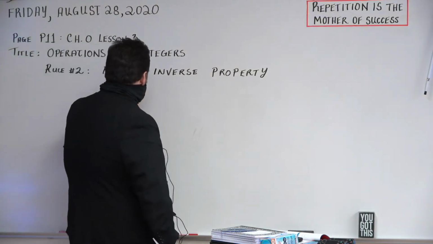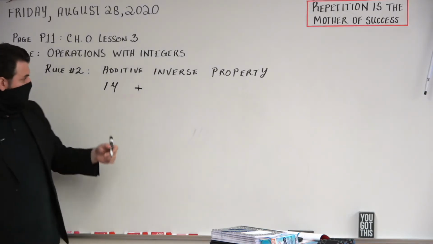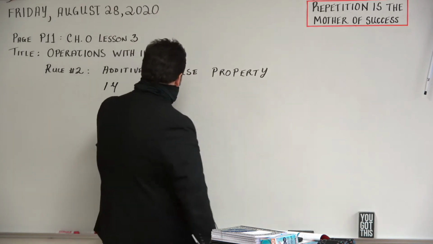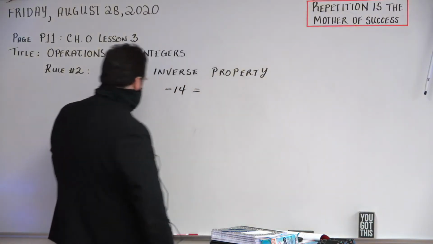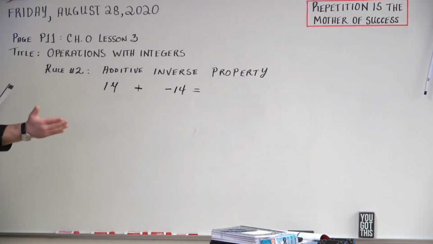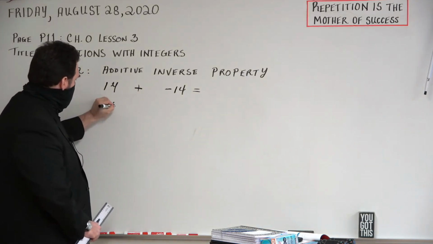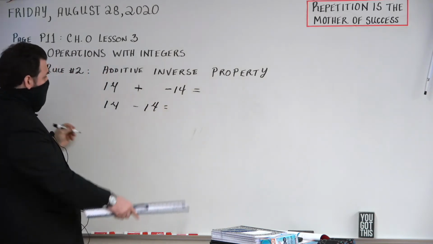So 14 plus the inverse of 14 is the same thing as saying 14 plus negative 14. They cancel each other out, and the answer is 0. Because that is the same thing as saying 14 minus 14. Everybody knows that to be 0.